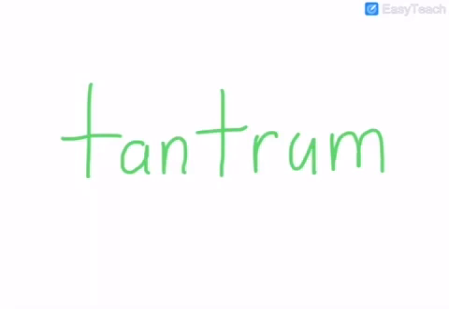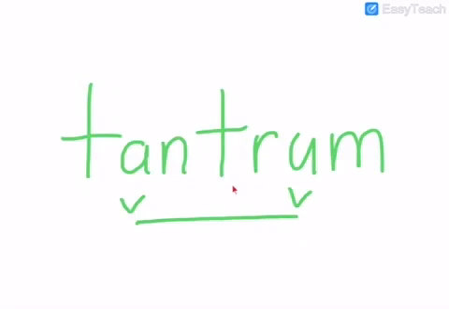T-A-N-T-R-U-M. All right. Let's take a look and identify our first 2 vowels, A and U. All right, we'll label those as vowels, bridge them together, and look again, we've got our same problem, 3 consonants together.